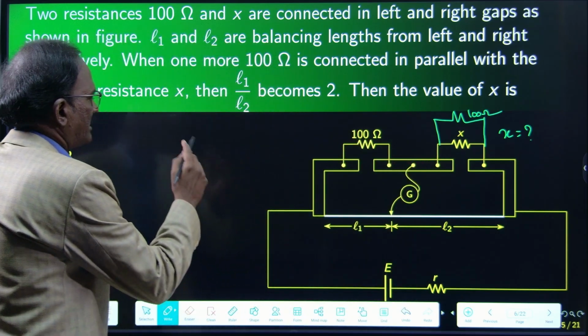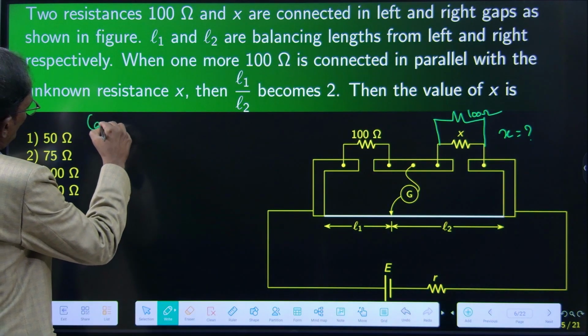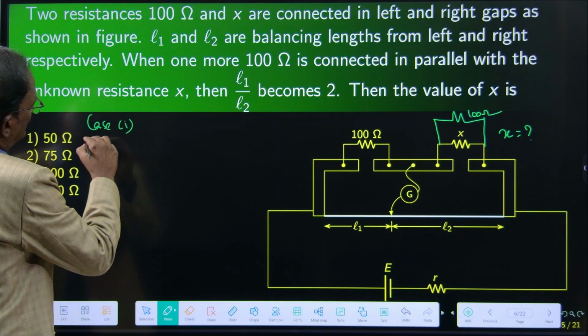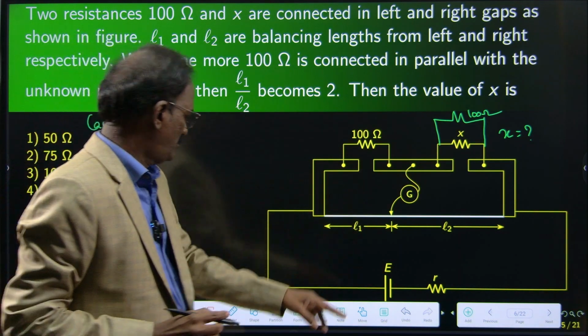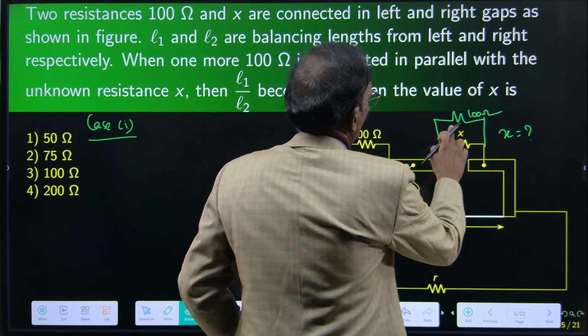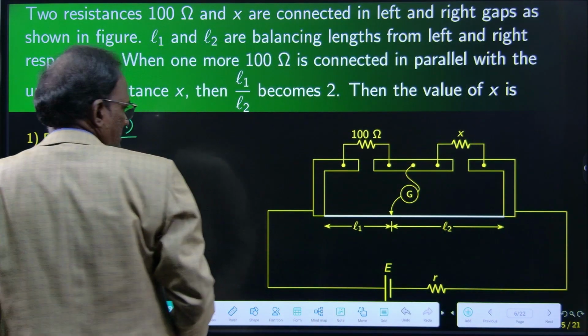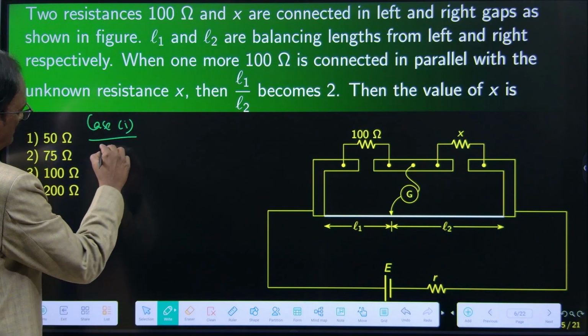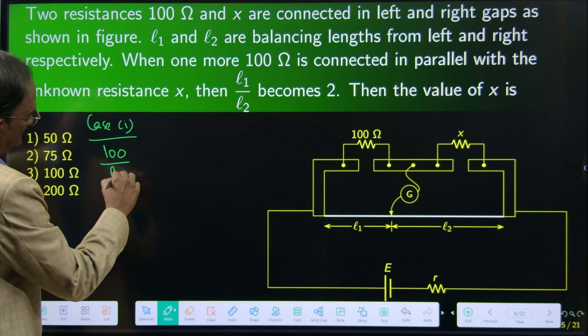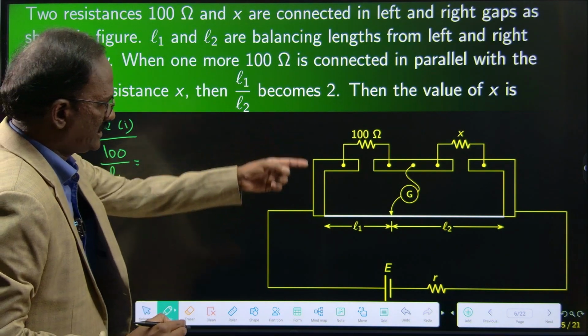There are 2 cases. First case, without the extra 100 ohms. This is case 1: 100 divided by L1 is equal to X divided by L2.